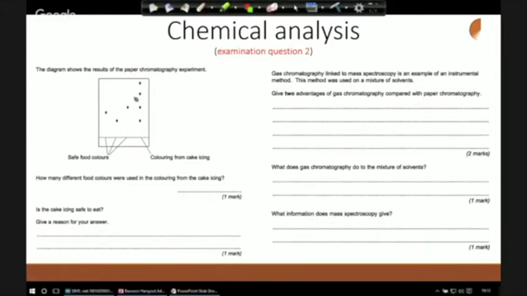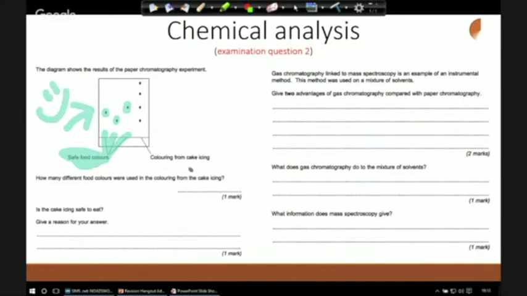Well, let's have a look over on this side. If this was the exam question that we were faced with, the very first point we need to see is that we have some safe food colours. And the arrows point to all 3 areas which will be going up in a line. So we know these 3 colours, these 3 dots, are safe.